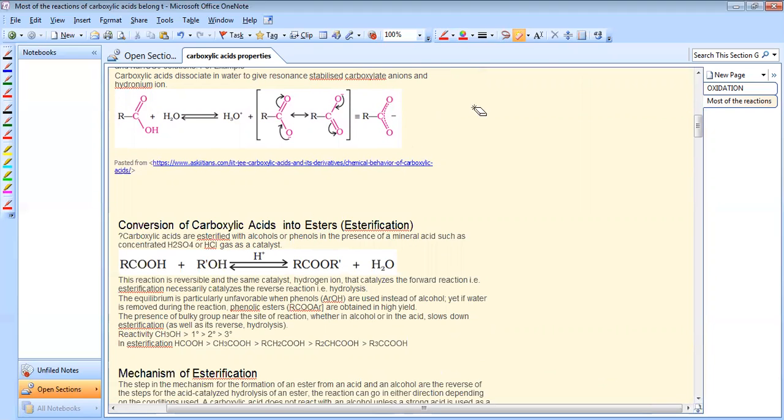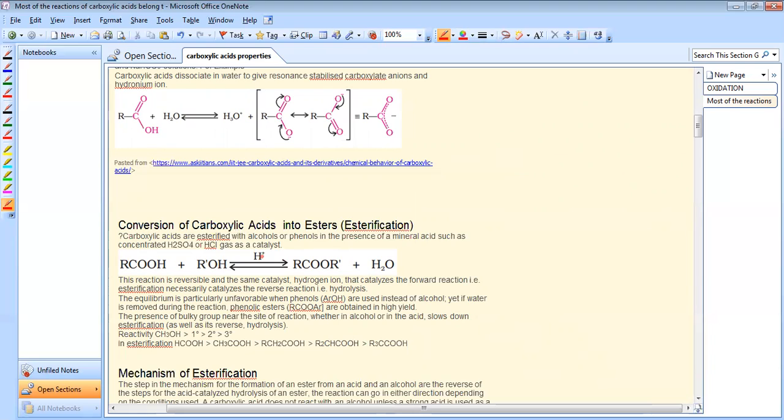In previous classes, we prepared carboxylic acid from ester, by acidic hydrolysis of ester and basic hydrolysis of ester. In these two hydrolyses of esters in the presence of acid or base, we got carboxylic acid. Now we are running the reverse reaction. So now what we are doing is treating a carboxylic acid with alcohol in the presence of acid, which results in an ester along with water.